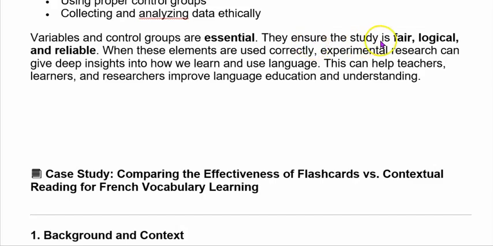They ensure the study is fair, logical, and reliable. When these elements are used correctly, experimental research can give deep insights into how we learn and use language. This can help teachers, learners, and researchers improve language education and understanding. So let us do a case study.